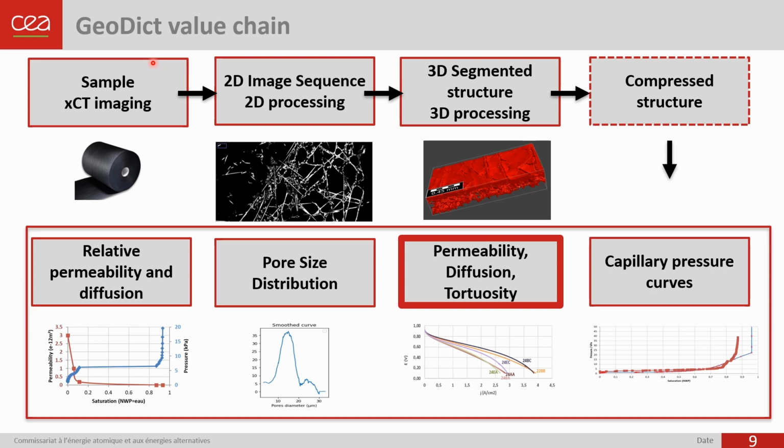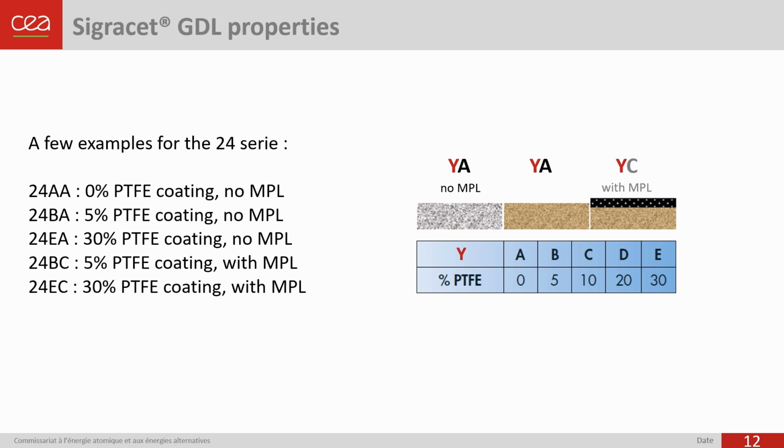So first, let's start with FlowDict and DiffuDict used to calculate permeability, diffusion, and tortuosity. Let me explain how the GDL I studied are named. All the GDL are from the SGL Carbon company, and in these examples, they are from the 24 series, and the 24 doesn't really mean anything, but the two letters mean something.